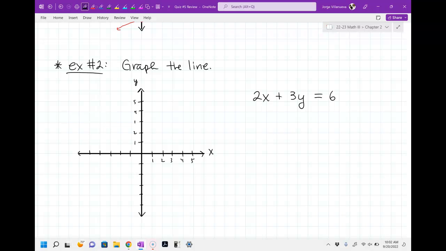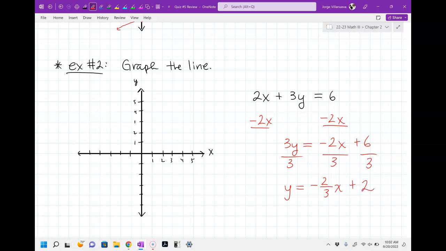But since we're doing this solving for y right now, let's stick with that. So I'm going to subtract 2x on both sides. I get 3y equals negative 2x plus 6. Then I divide everything by 3 so I can get y all by itself. So I get y equals negative 2/3 x plus 2.